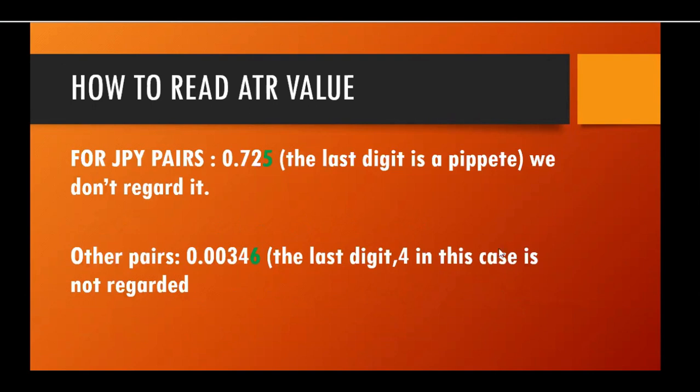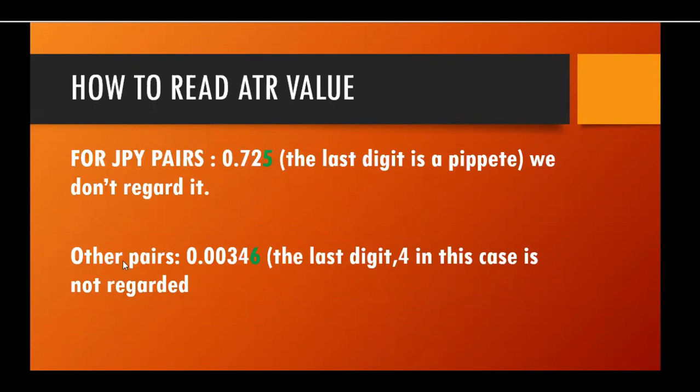That is why I deliberately used another color for it. So the value of this ATR is not 725 pips, it's just 72 pips. That is what counts. The pipette has no value, it's not counted.